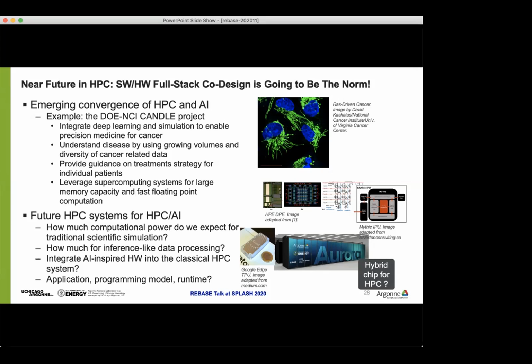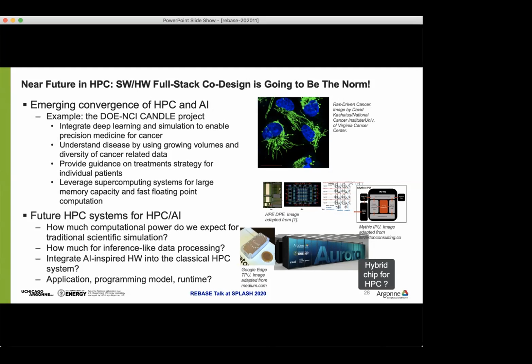So the assumption we are making here is that for the near future HPC systems, especially when we are trying to improve the HPC and AI applications, will we change the hardware system too? So for example, today we have so many AI inspired chips.